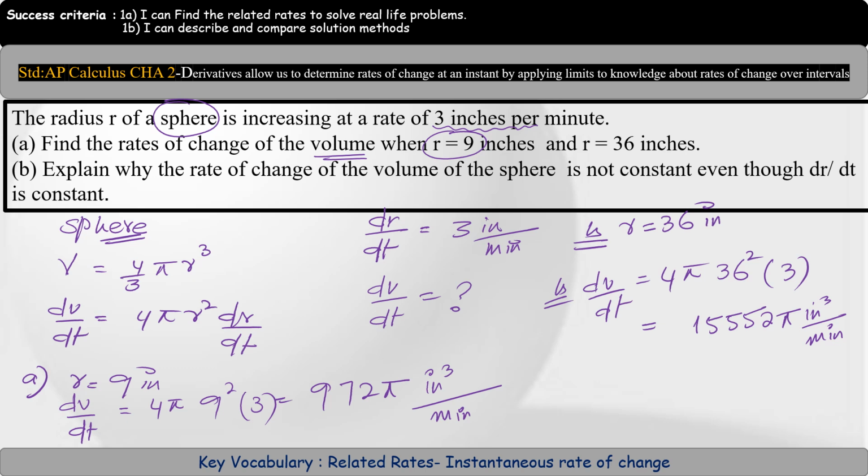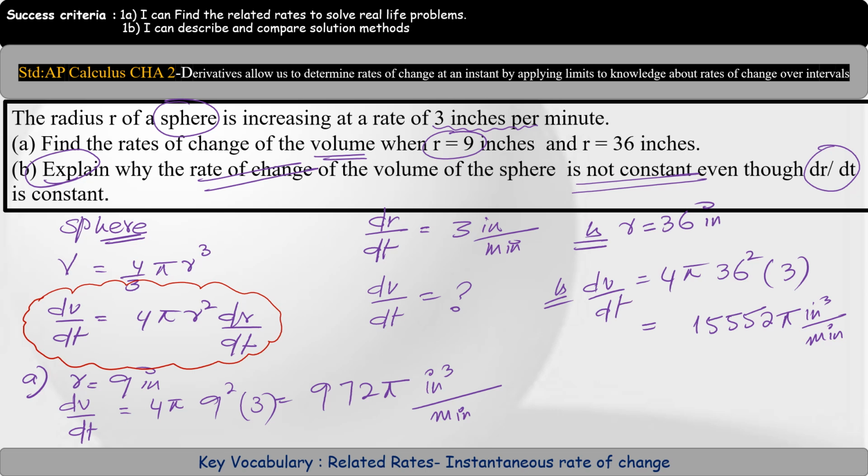Now read carefully what is the third thing they are asking you. Explain why the rate of change of volume of the sphere is not constant even though dr by dt is constant. In order to give the complete answer, you must focus on the equation where the rate of change of volume is given. So how will you write the conclusion and explain the reason?